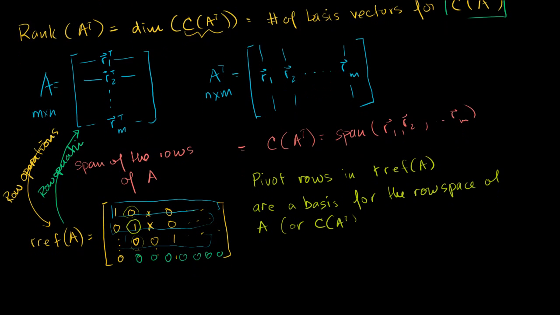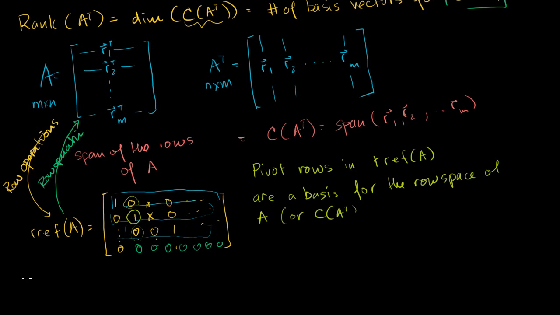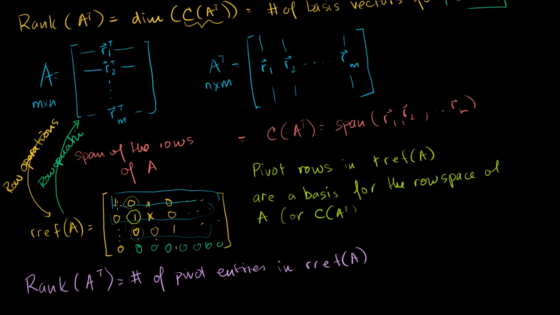So we can write that the rank of A transpose is equal to the number of pivot entries in reduced row echelon form of A. Because every pivot entry corresponds to a pivot row. Those pivot rows are a suitable basis for the entire row space, because every row can be made with a linear combination of these. And since all of these can be, anything that the rows can construct, these can construct.